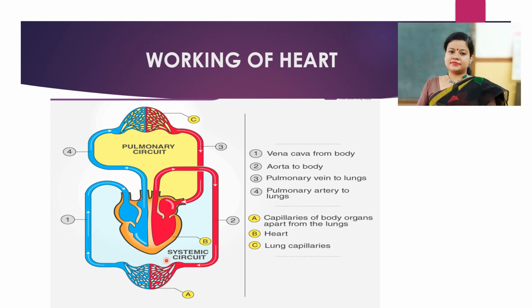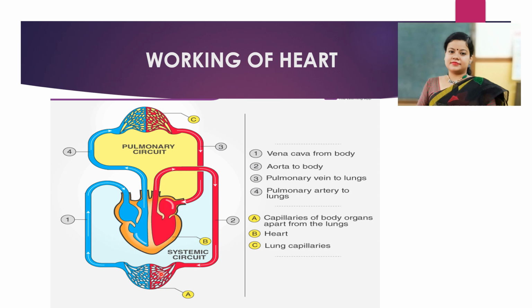Where the oxygen is used up, carbon dioxide is produced. Again, that carbon dioxide-rich blood through the vena cavas reaches the right auricle, from there to the right ventricle, from there through the pulmonary artery to the lungs, after oxygenation to the left auricle, then the left ventricle, then through the aorta, to the entire body.